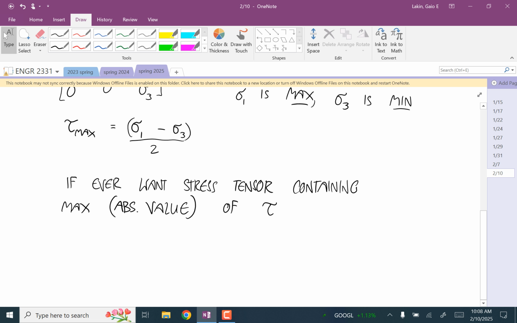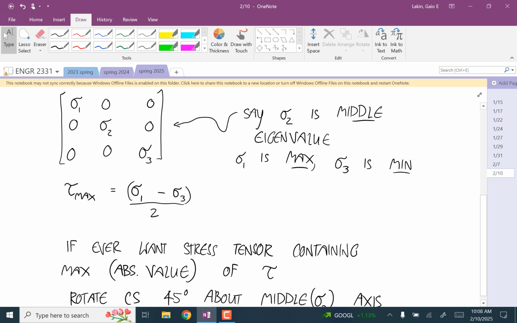Then all you do is rotate the coordinate system 45 degrees about the middle principal stress axis. So in the case above, what axis is associated with the middle principal stress?